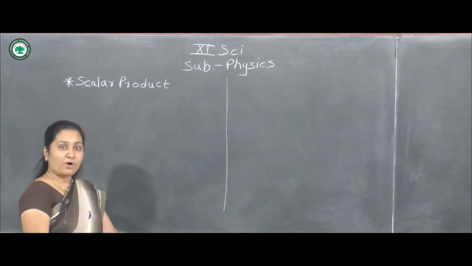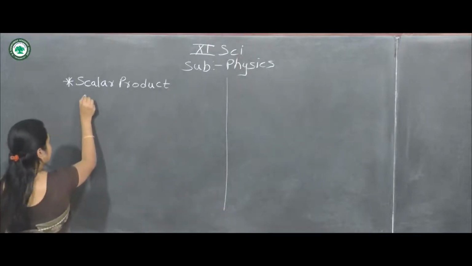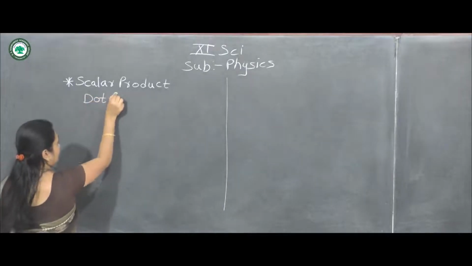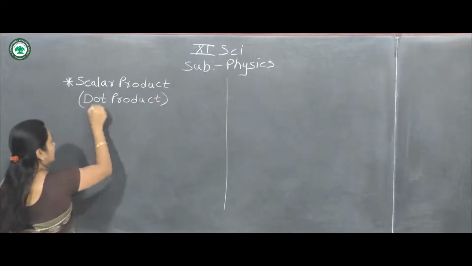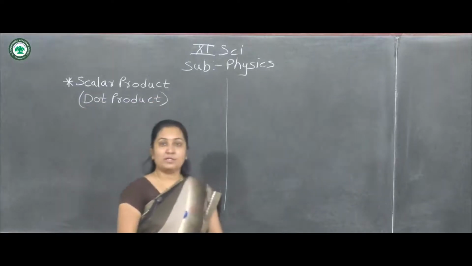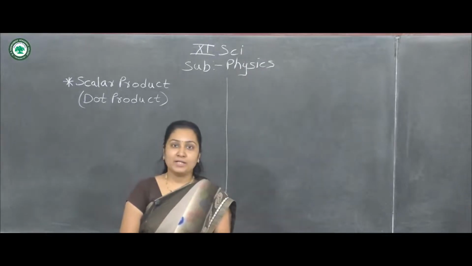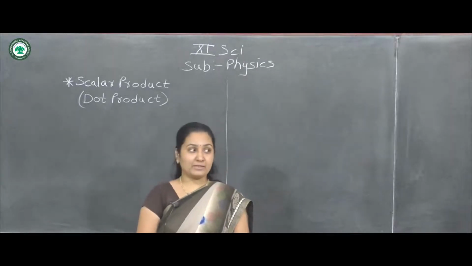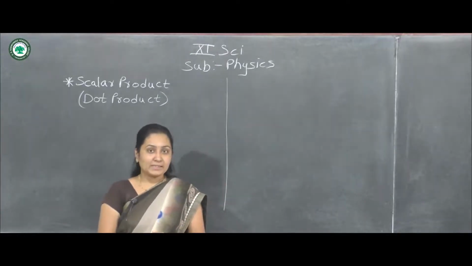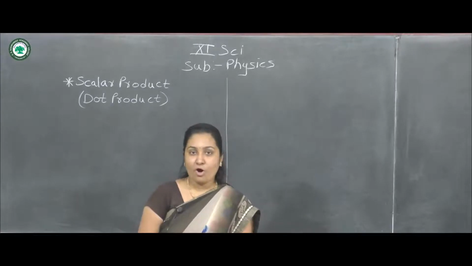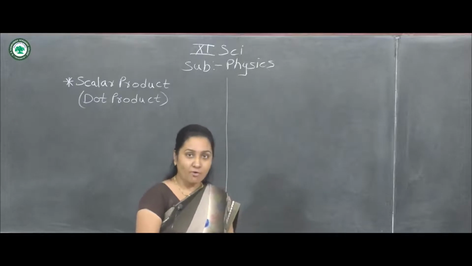So this scalar product is also called the dot product. Now scalar product or dot product is defined as follows: if any two vectors are represented by magnitude and direction, then the scalar product or dot product of these two vectors is given by a formula.